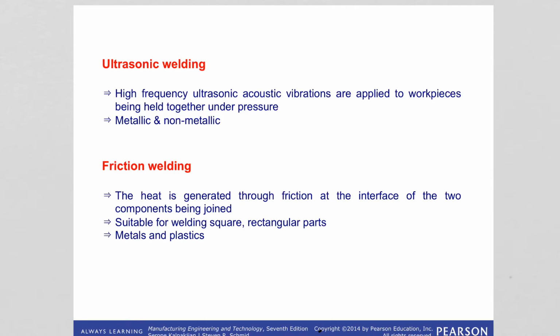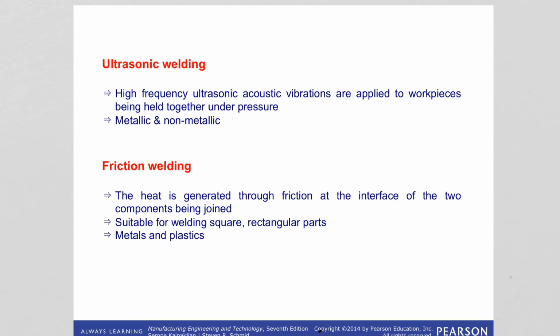In friction welding, the heat required to produce the joint is generated by mechanical friction at the interface between a workpiece. One is moving and the other one is stationary.